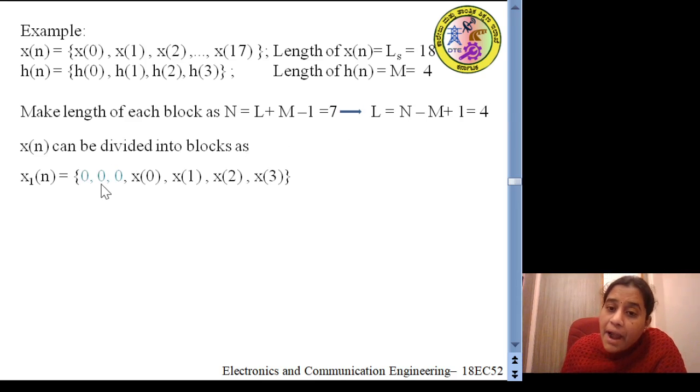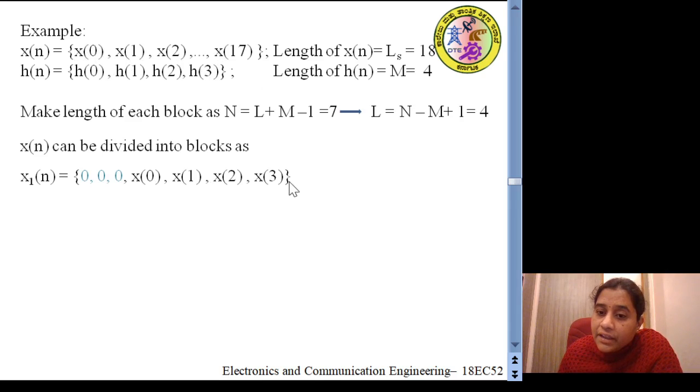So we pad M minus 1 zeros at the beginning of the first block. Then we take input samples such that the value of N is 7. So the first 3, which is M minus 1, that is 4 minus 1, are 3 appended zeros here. Then the remaining 4 are incoming samples x of 0, x of 1, x of 2 and x of 3.